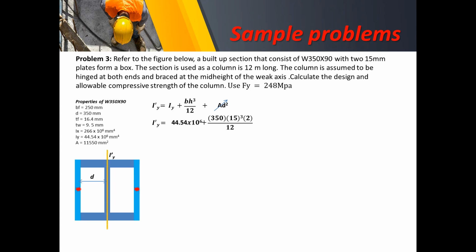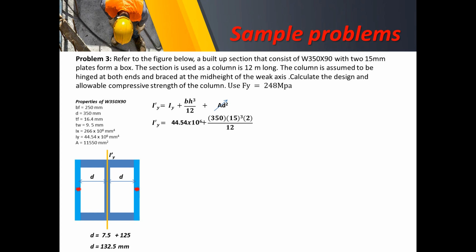And this is the axis of consideration, considering the y. This time we have the transfer distance d, symmetrical on both sides. Therefore, d is equal to 7.5 plus 125. So 7.5 is actually half of your thickness 15, and 125 is actually half of the total width 250 of the flange.